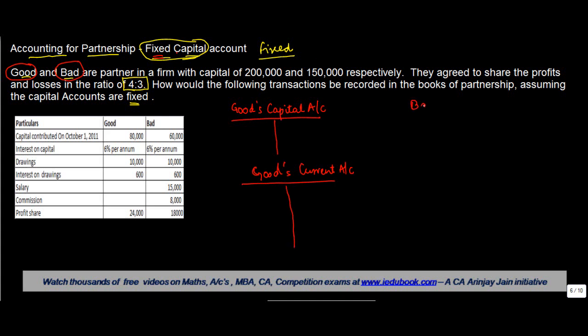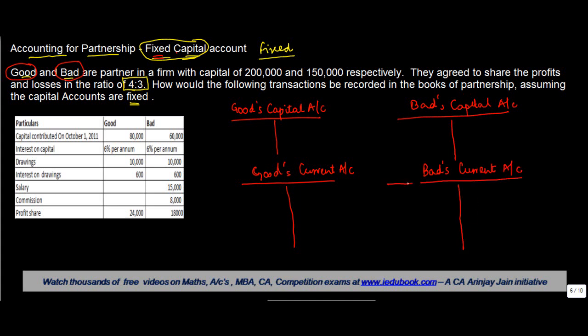Similarly, we'll have Bad's capital account, which you can also write as Bad's fixed capital account, and Bad's current account. I'm not drawing all the particulars and date columns right now, although it is important that when you practice, you prepare a full ledger account.